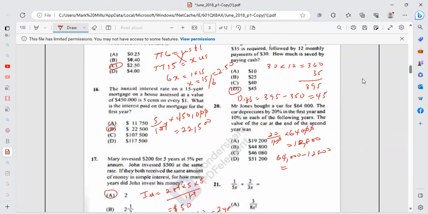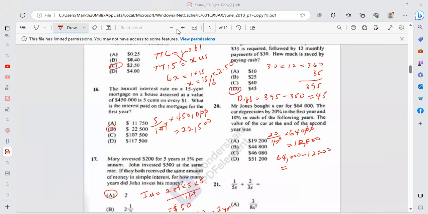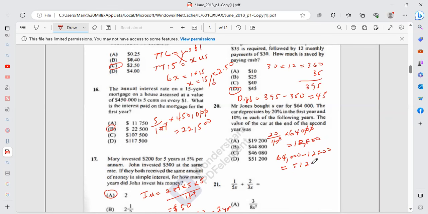Work it out, what do we get? James, work it out for me. So 64,000 minus 12,800, what do I get? We get 51,200. Good.